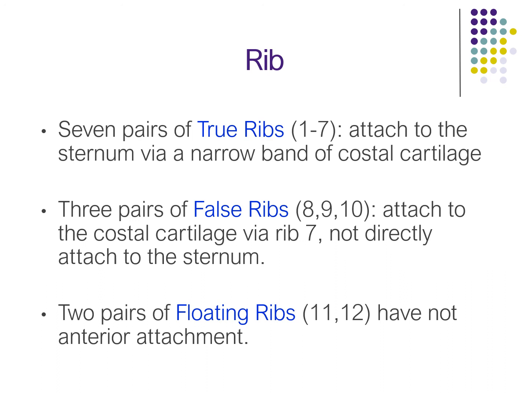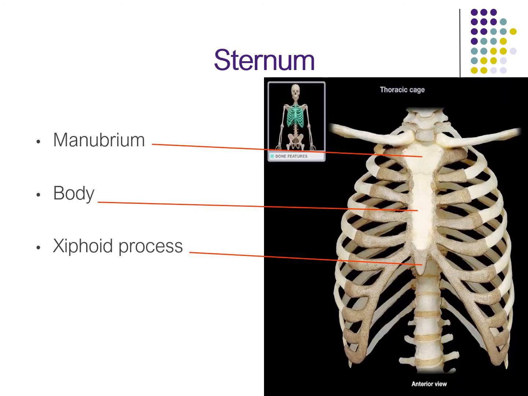And then you have 2 pairs of floating ribs. These do not have anterior attachments. Your sternum has 3 parts: the manubrium, which is this top portion right here, the body, and the xiphoid process.